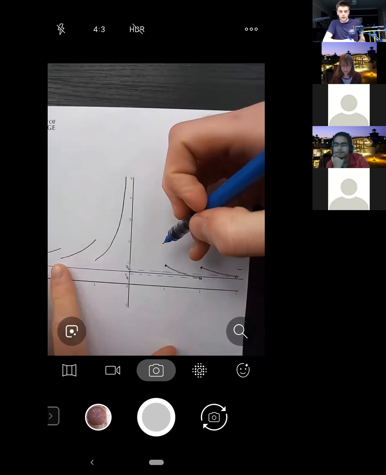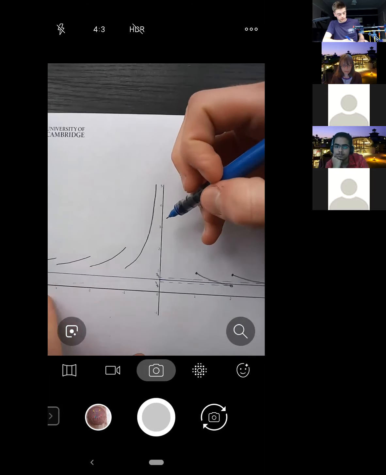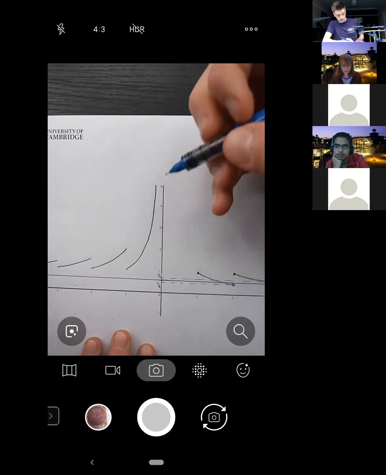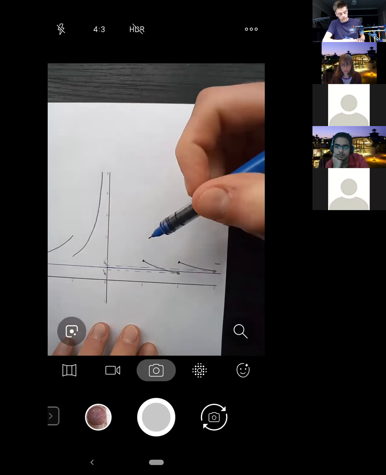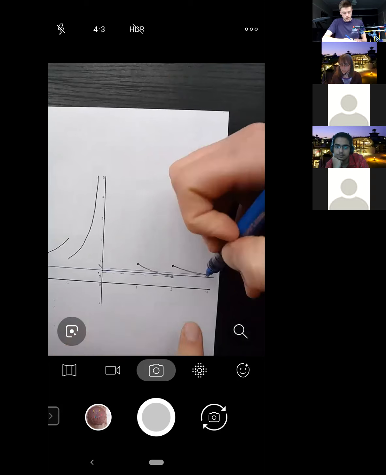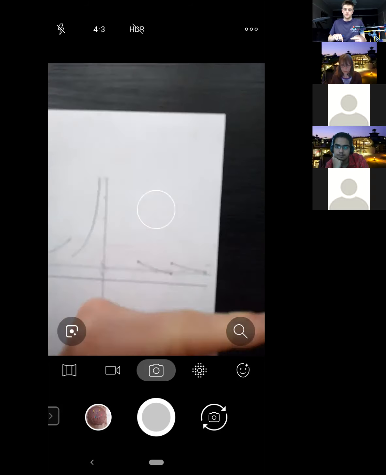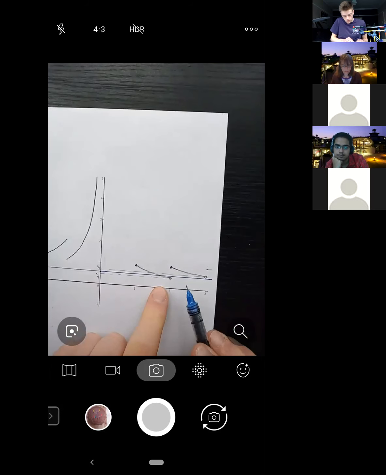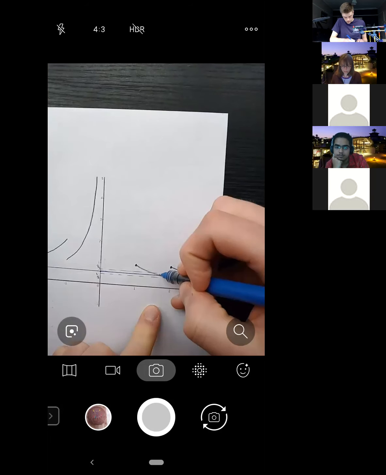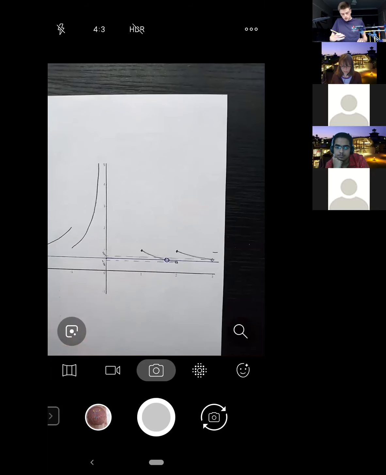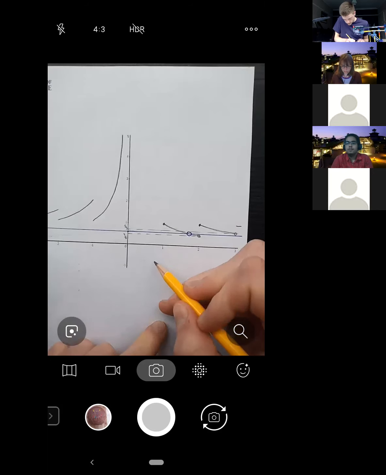Okay, so we see there's not going to be any solutions for negative x because it's always greater than or equal to 1 there. And these branches here are going to get shallower and shallower as we go this way. So we see that there's only going to be this one solution on this branch, about here. Now we can set up an equation.